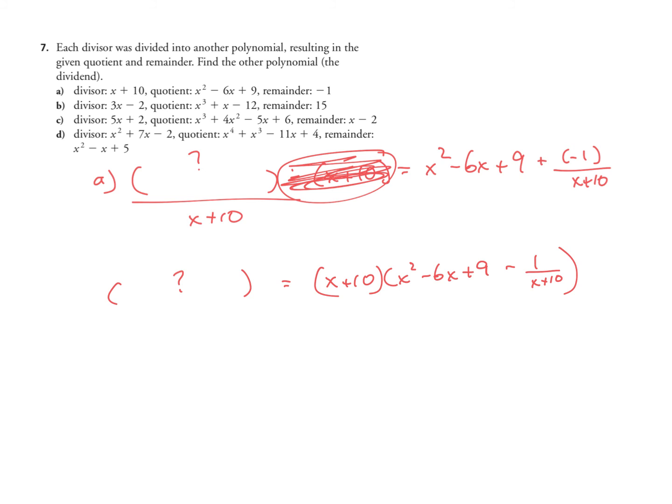You've got x times x squared is x cubed. x times 10 times x squared is plus 10x squared. So minus 6x squared. I usually don't write all this out, but I'm going to do it for your benefit this time. Minus 60x plus 9x plus 90.